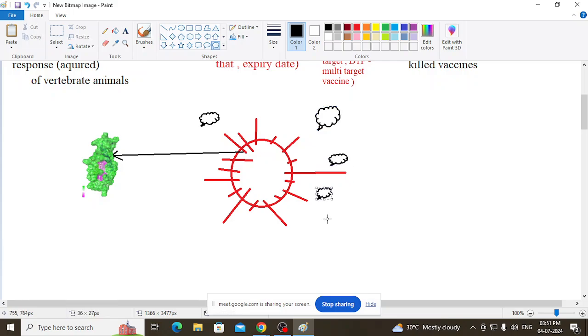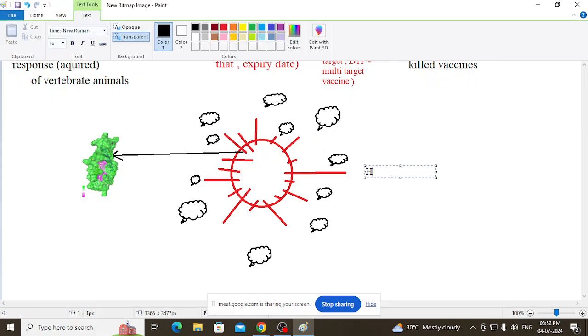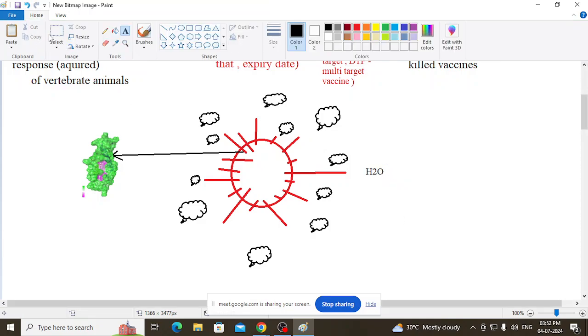It's a watery, aqueous environment. So these are all water molecules, H2O. It's an aqueous environment because everywhere it is water, right? Any living being present somewhere is in water.